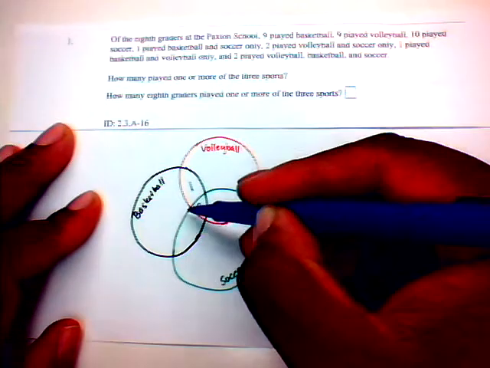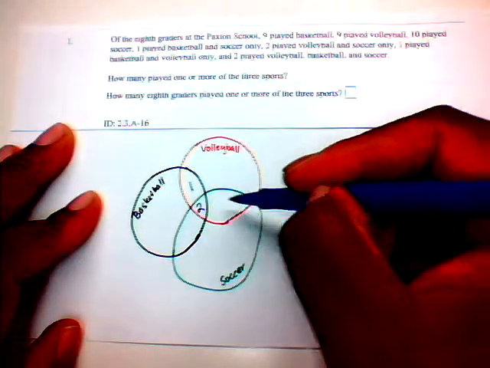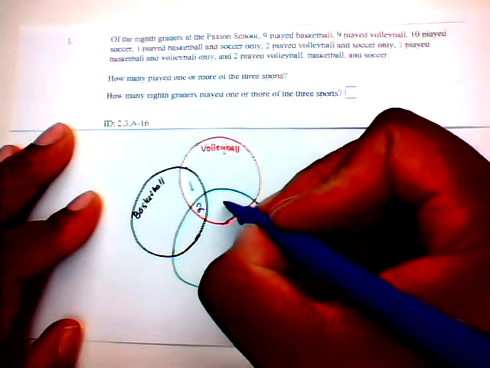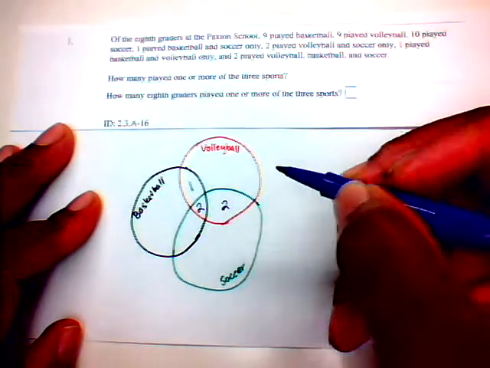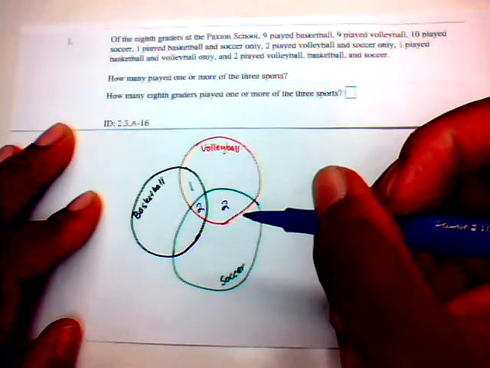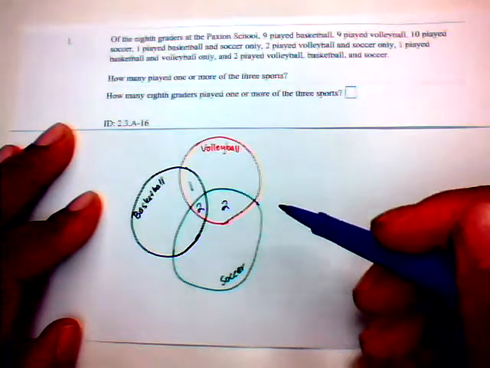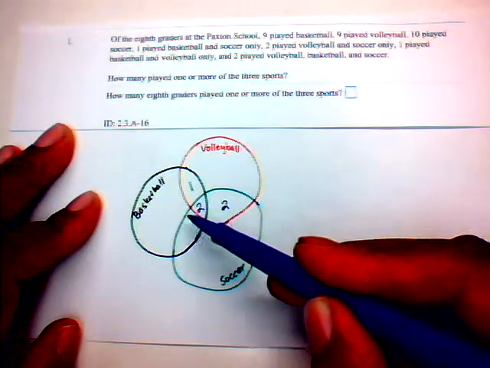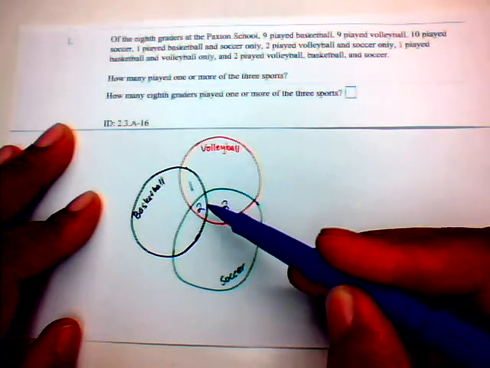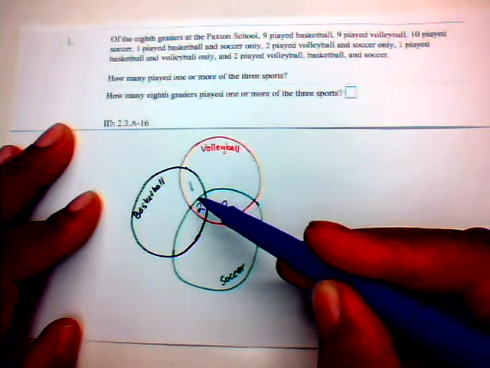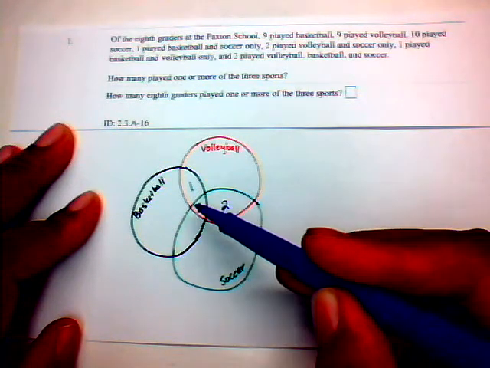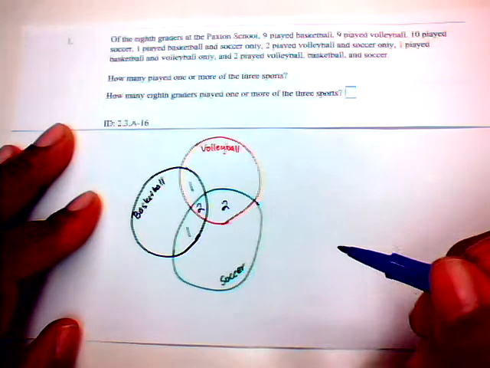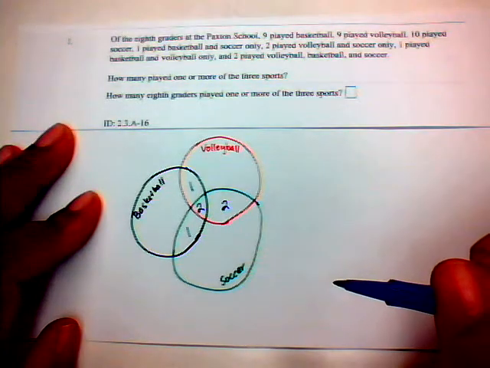We're looking at this intersection right here of the red and the green. That's this intersection here. So that 2 is going to go there. And then we're told that 1 played basketball and soccer only. So if you look at this intersection right here, basketball and soccer, the black and the green. And we're told that 1 played basketball and soccer, so that 1 goes there.